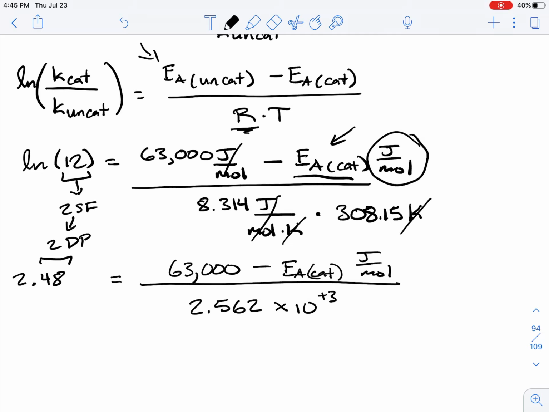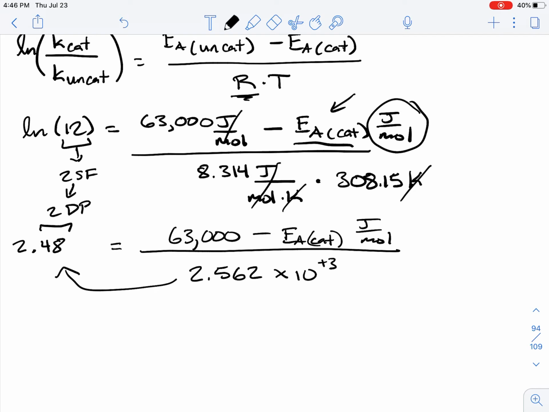So I'm going to take this number and multiply it by 2.562 times 10 to the positive 3. And so what I get is going to be 6.37 times 10 to the positive 3 equals 63,000 minus EA.